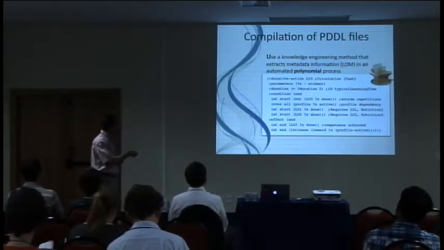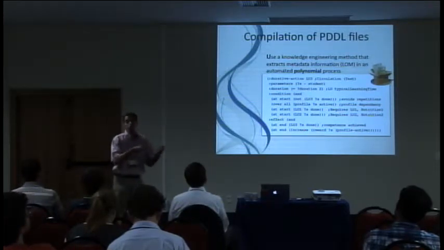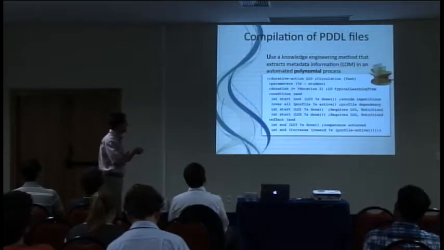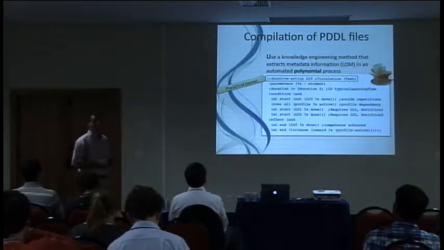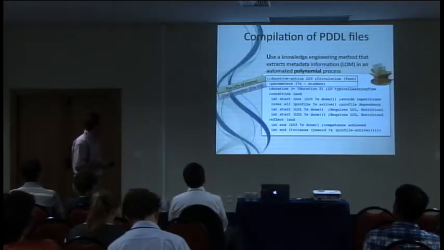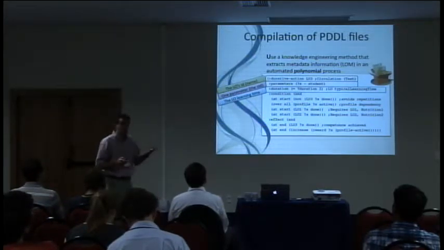For each operator in PDDL, or better, for each learning object, we have an operator in PDDL. In that case, we have the learning object name or the identifier. This is the name of the action. We have the same for the parameters. In that case, we have just one parameter, the student. We have also the duration, starting from the learning object metadata.